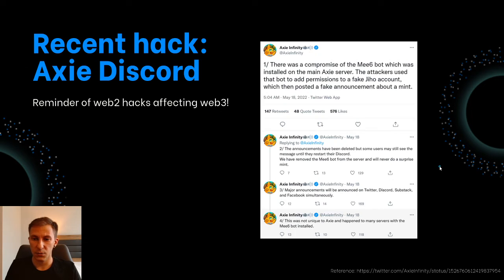And what else happened? Another hack in the same Axie community, but this time they were not affecting the nodes or the system themselves, but they have been hacked through Discord with this MEE6 bot. Basically they were phished.